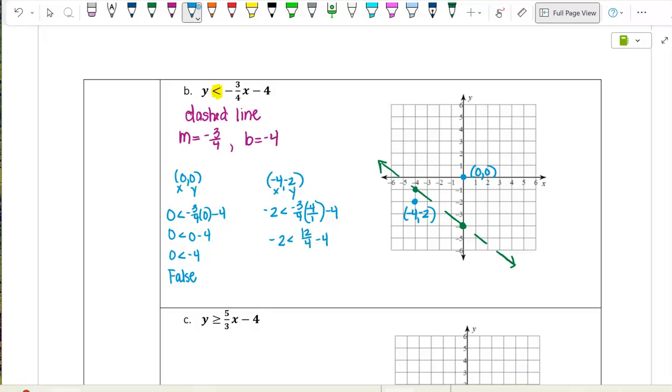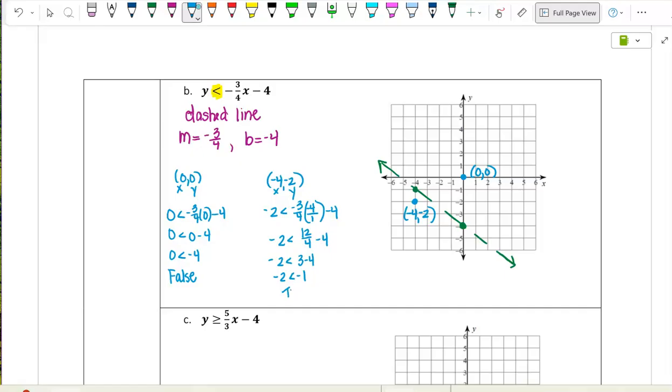I had a -3 times a -4 to give me a +12. So -2 is less than 3 minus 4. -2 is less than -1. Is that true? Is -2 less than -1? Yes.